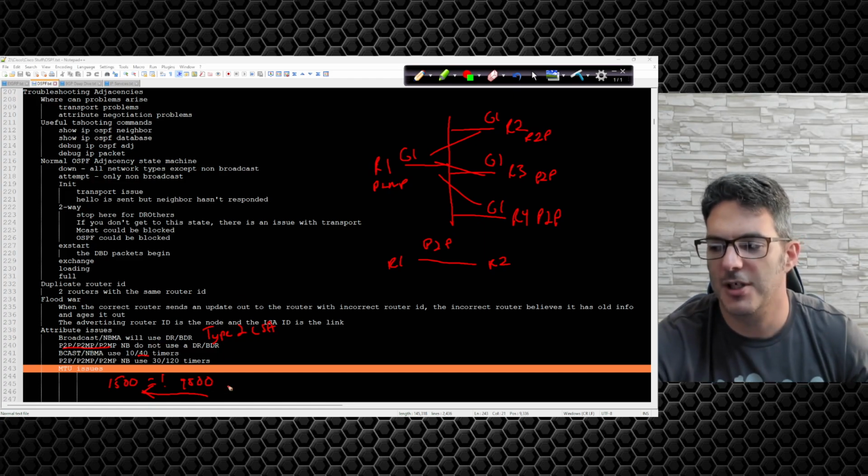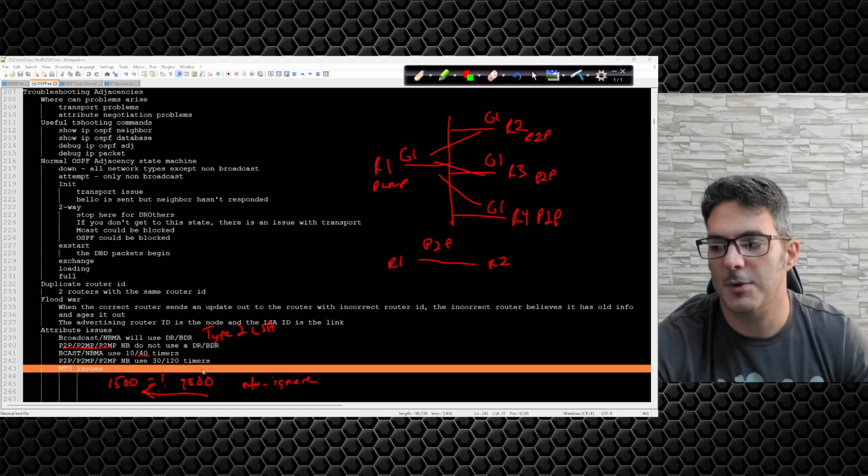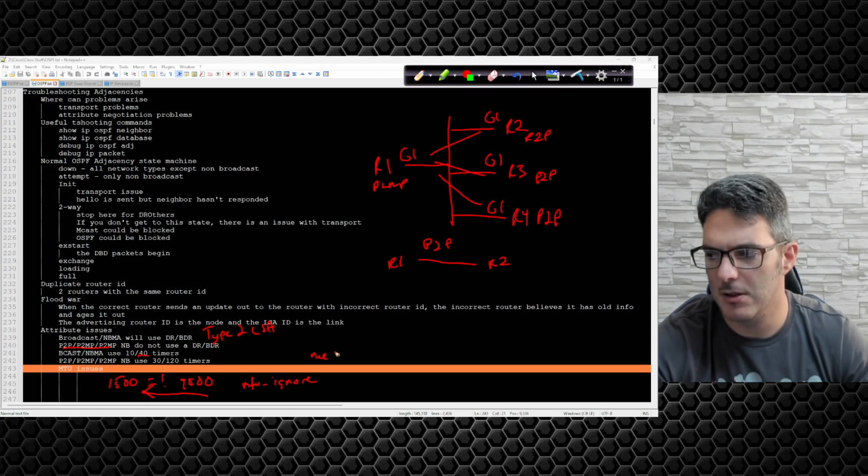Now, what's interesting is you can use the MTU ignore command to say, I don't care about the MTU. But as it's going back and forth and checking on it, it's going to trigger. Again, it should get to the neighbor portion, but you won't form a full adjacency, it won't do a database exchange, because once it gets down to doing the MTU check, I believe it'll still form a neighbor, right?